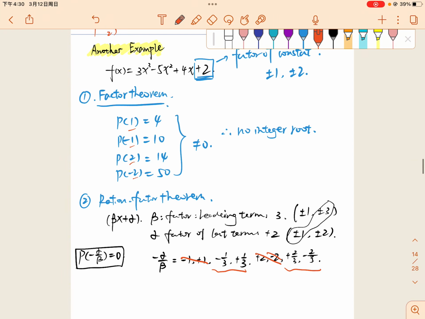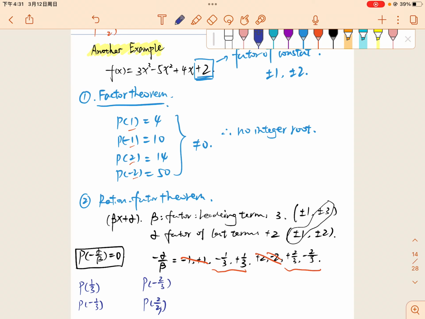So now we have positive 1/3, negative 1/3, negative 2/3, or positive 2/3. Okay, so what we do is just solve them inside. What is P(1/3)? What's P(negative 1/3)? What's P(negative 2/3)? And what's P(2/3)?